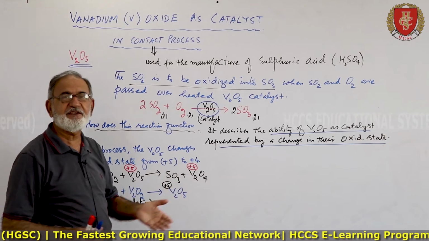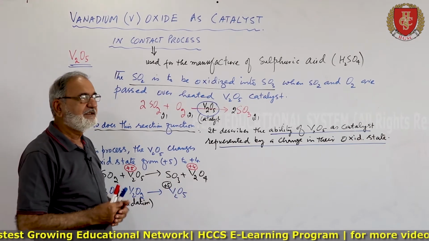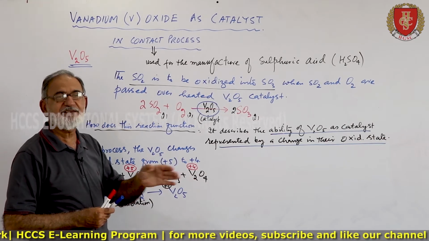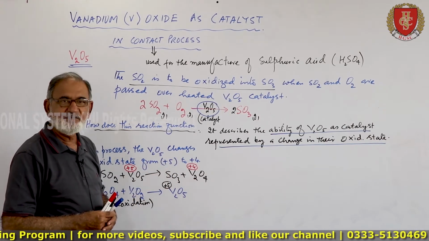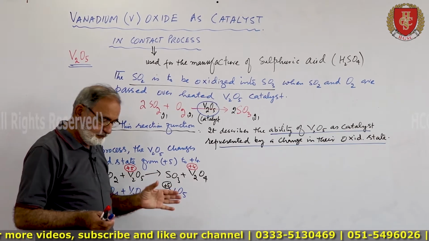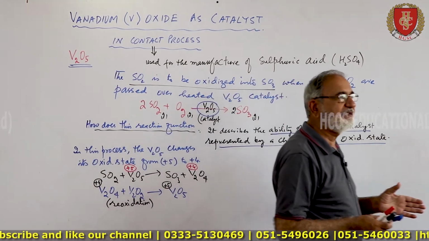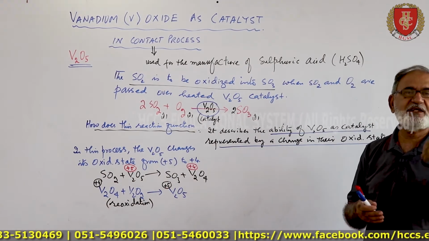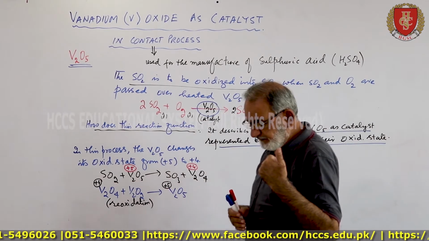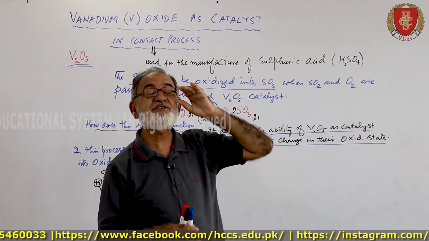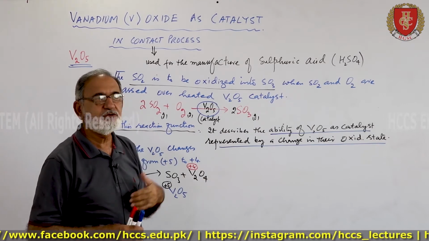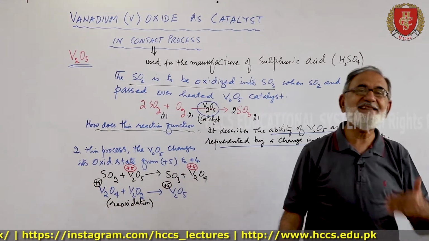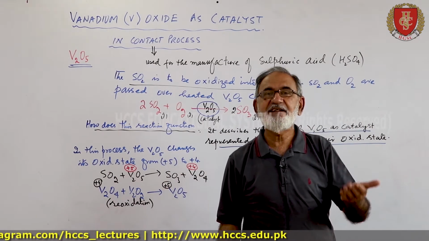This is basically the function of a catalyst in reactions which are slow and need to be accelerated by the use of some catalyst. The catalyst helps to achieve equilibrium faster, decreasing the time to reach the equilibrium state. The catalyst is regenerated at the end of the reaction.